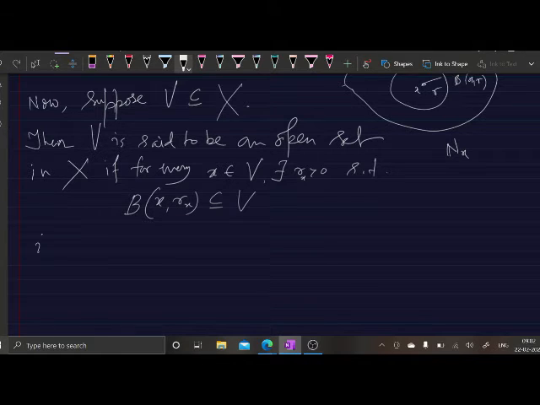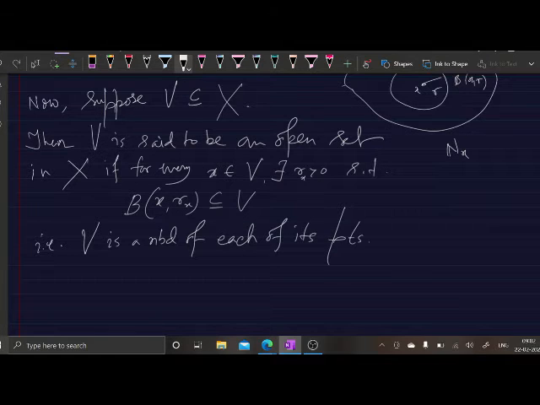That means, in other words, V is a neighborhood of each of its points.